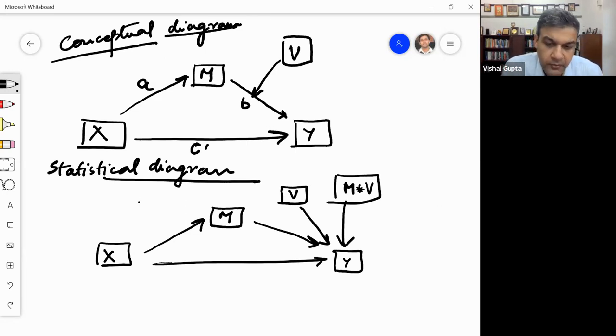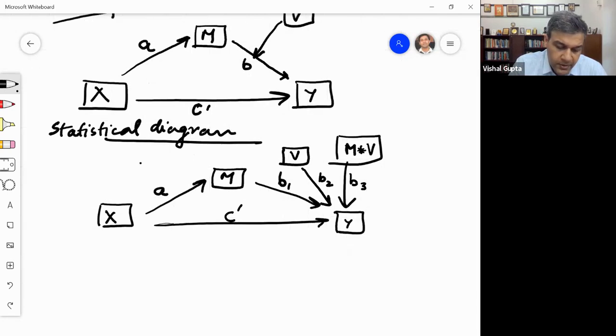You have the path from M, the path from the moderator, and the path from the product of the antecedent and the moderator. So we call this A, we call this C dash, and because this is B, now I open it up and call these coefficients B1, B2, and B3.